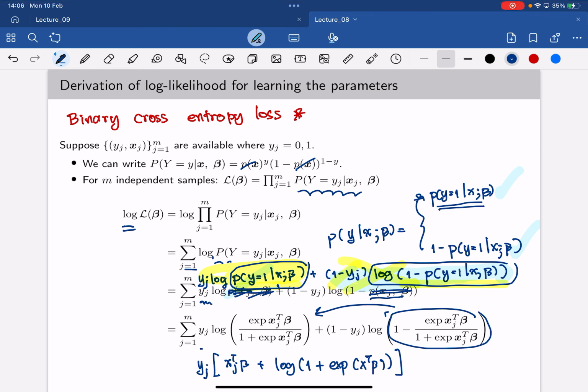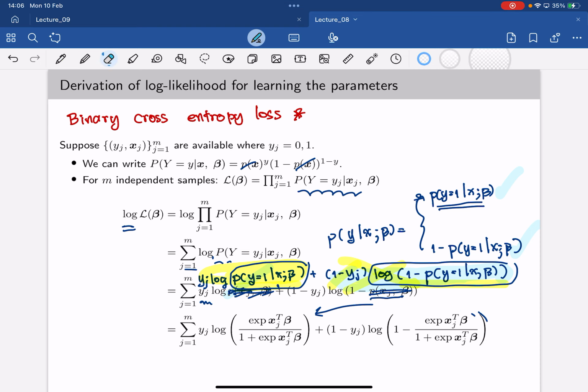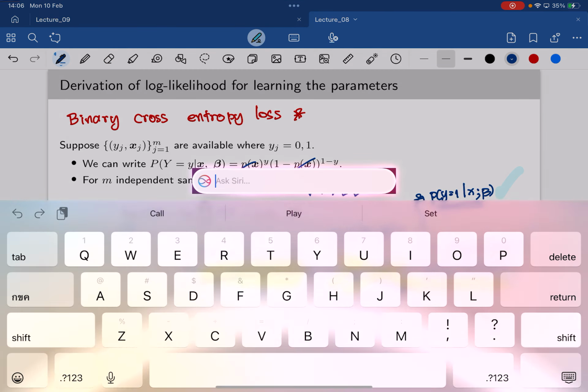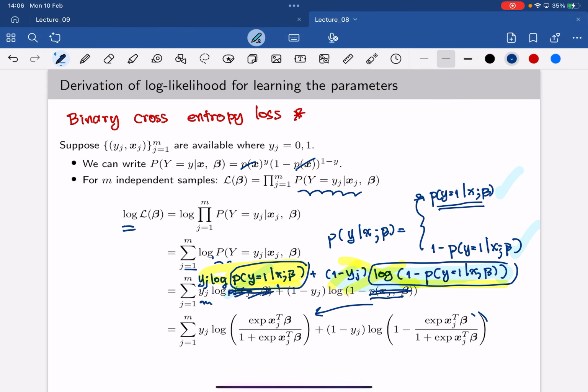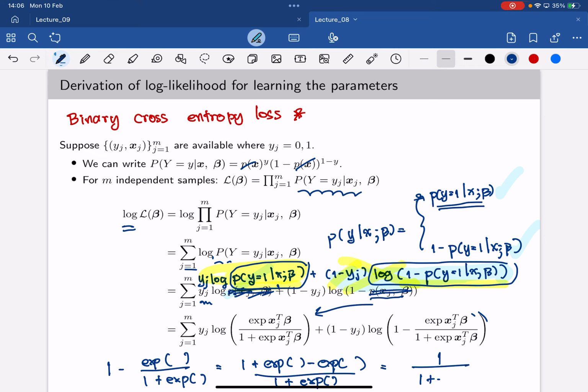But if you look carefully at this one, if you decompose 1 minus exponential of something divided by 1 plus exponential of something, then that becomes 1 plus exponential something minus exponential something, over 1 plus exponential something, which gives 1 over 1 plus exponential.